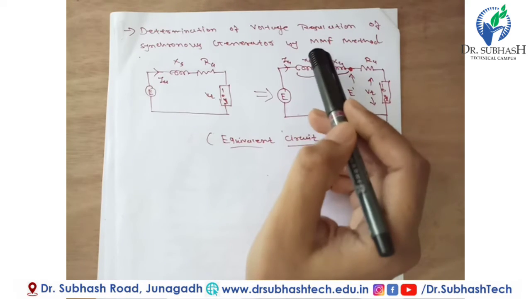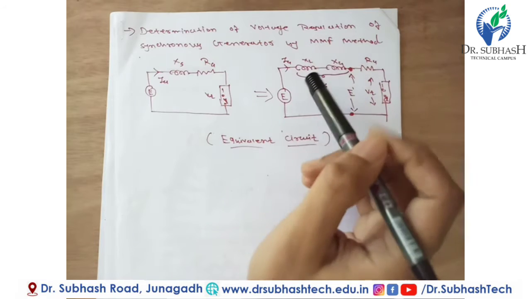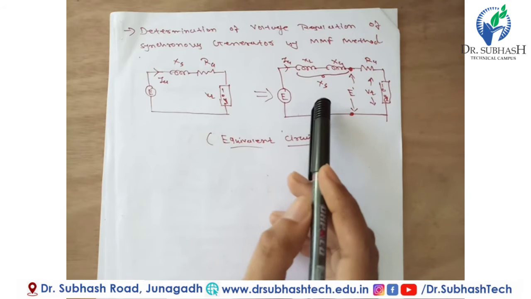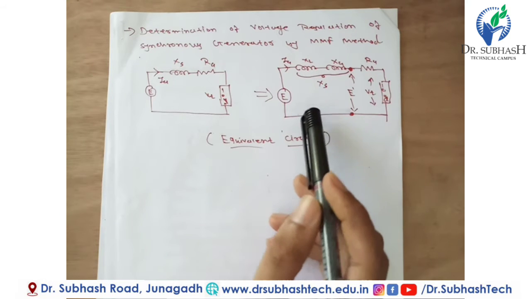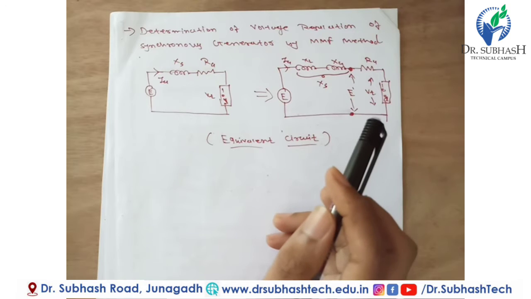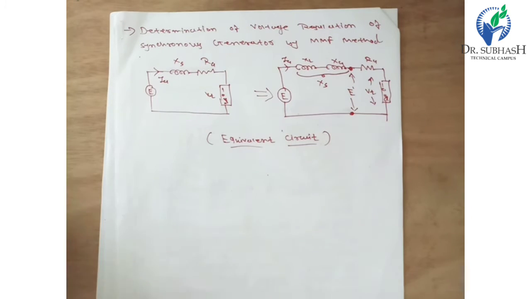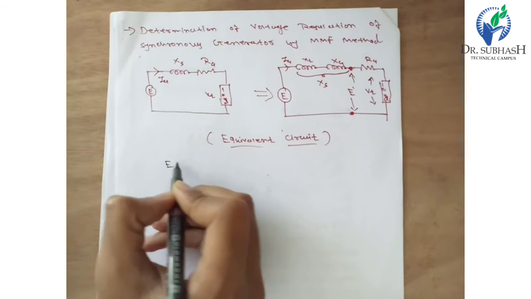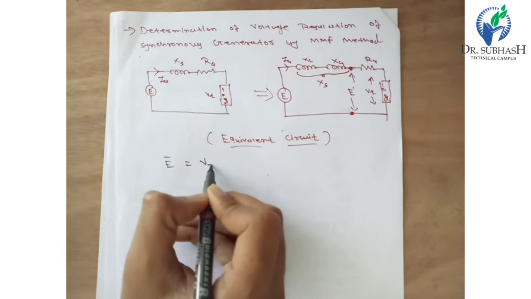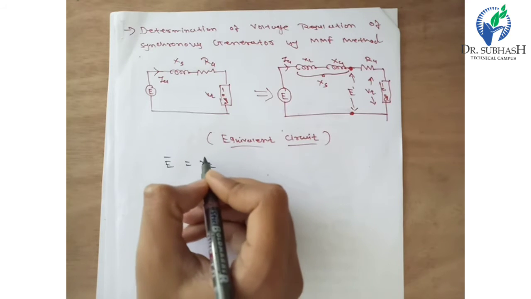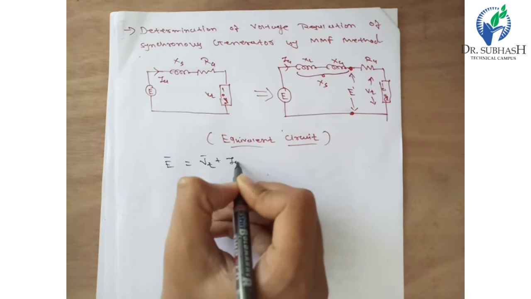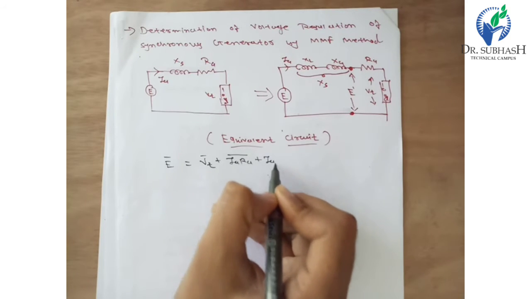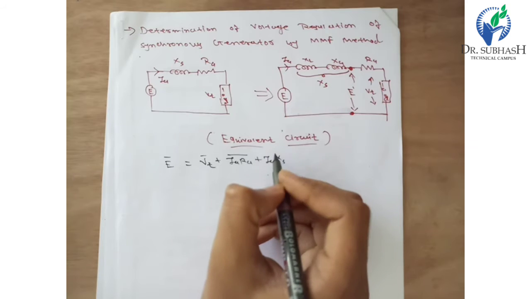To explain the MMF method, we draw the equivalent circuit of this synchronous machine. In the equivalent circuit, we can write the equation of EMF as E bar is equal to Vt bar plus Ia into Ra bar plus Ia into Xs bar.